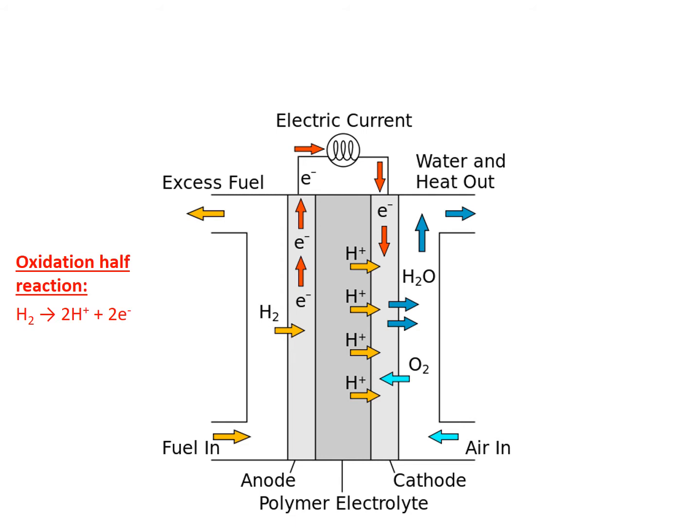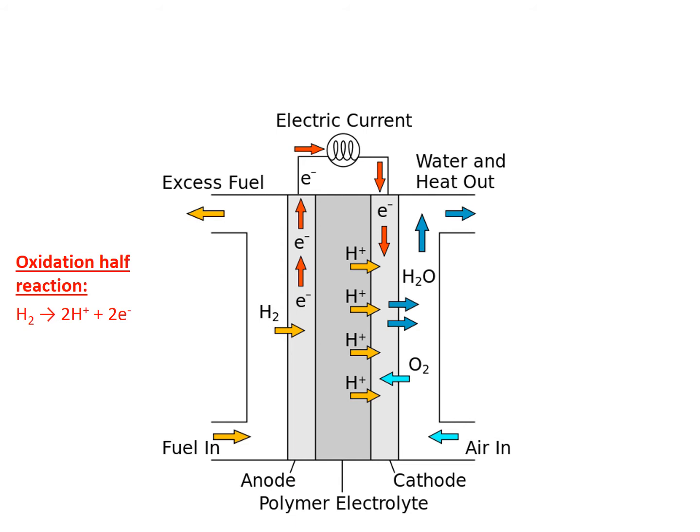All right. Now, those electrons are actually separated from the hydrogen ion products and funneled through an electrical circuit, which does work for us. Now, after they pass through that electrical circuit, they are transferred back to another electrode.